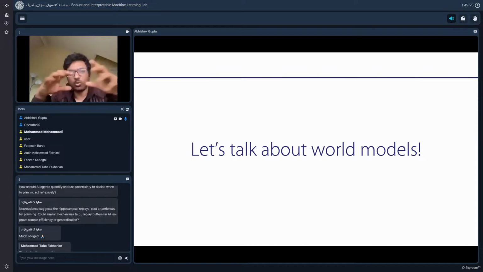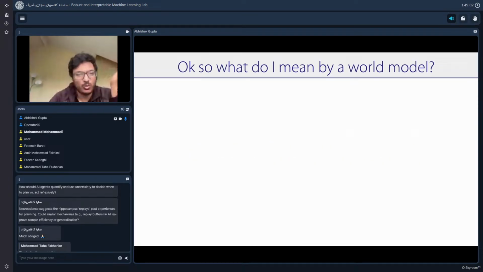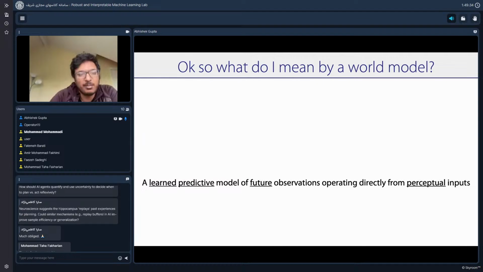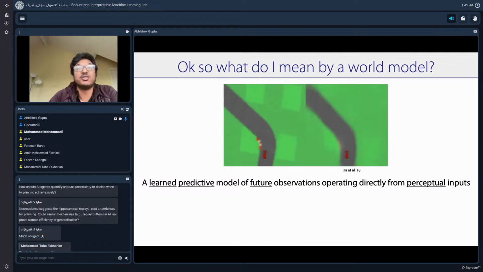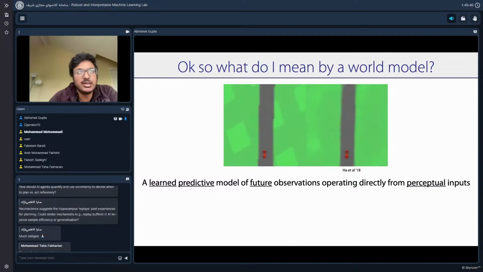So what do I mean by a world model? I mean a learned predictive model of future observations in the world, operating directly from perceptual inputs. This is from the original world models paper back in 2018: something that takes in your current observation and some measure of control, and then tries to predict something about the future.